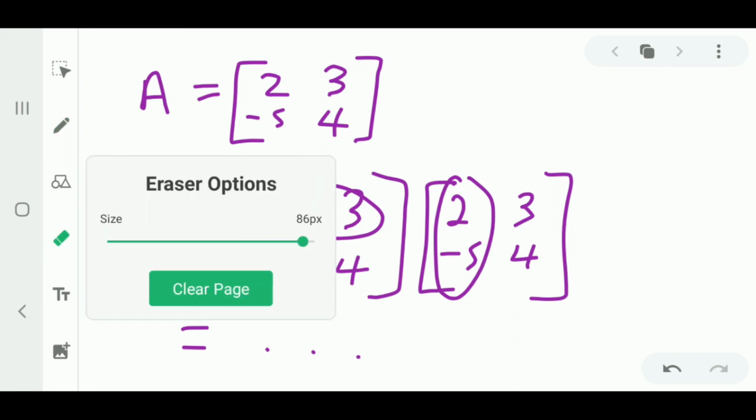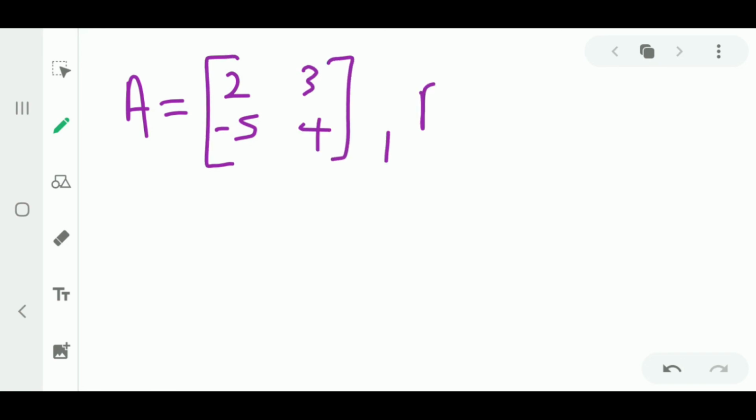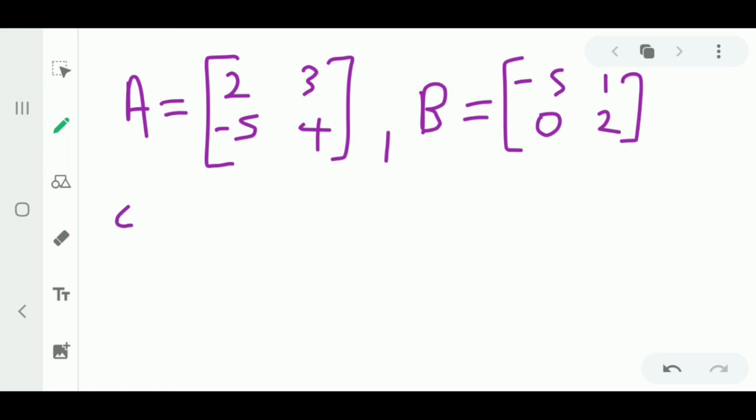Let's say they gave you A is equal to the same thing, 2, minus 5, 3, 4. B is equal to the same thing. Let's say they added another matrix C as 4, 2, 3, 8.